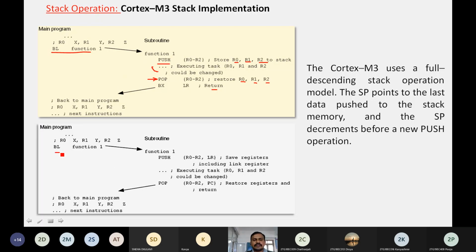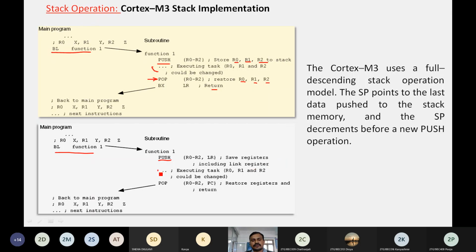Whenever the branch instruction is called, the control from the main program to the subroutine is going to be transferred. Then in the subroutine, the first instruction is push all the registers which are used in this subroutine. So it saves the registers as well as the link register.